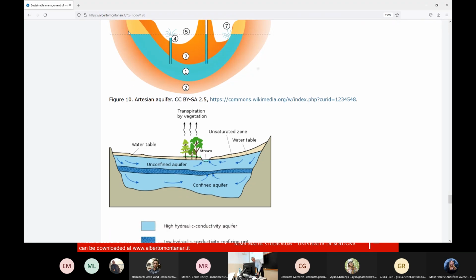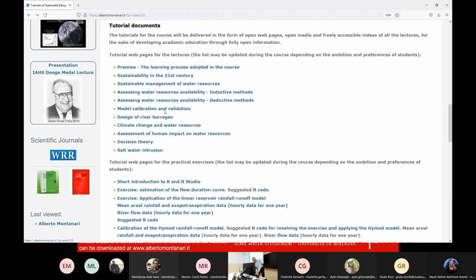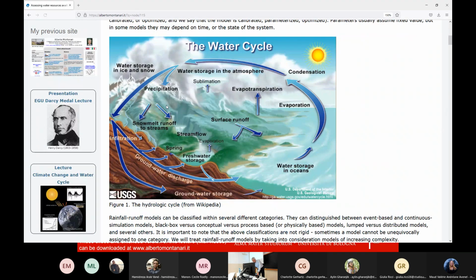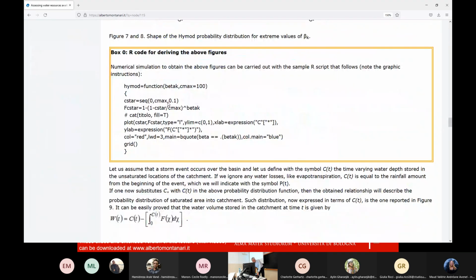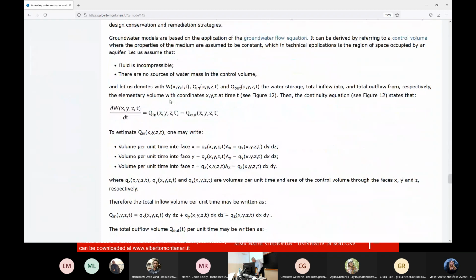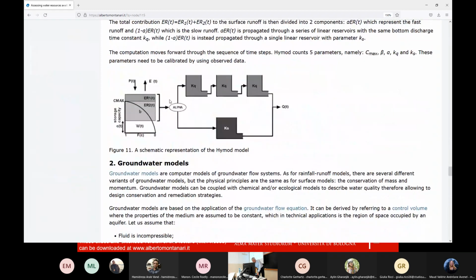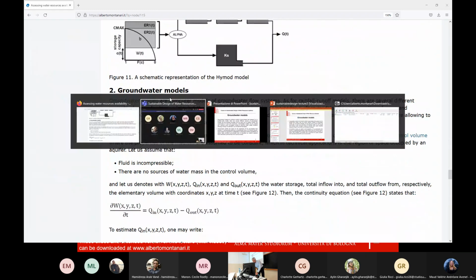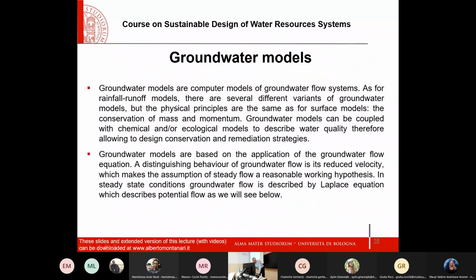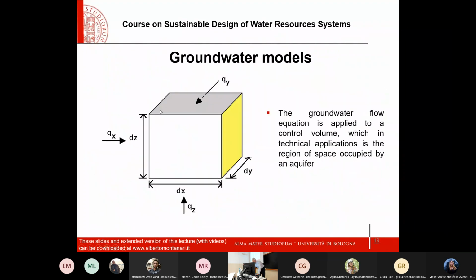Okay, let's forget these two figures and let's go back to our relevant page, deductive methods to groundwater. Okay, now let me go to the PowerPoint presentation. This is my elementary volume, which I am referring to, okay?